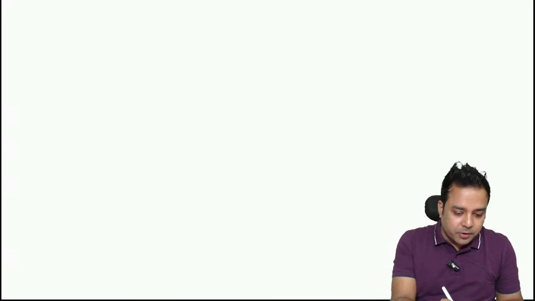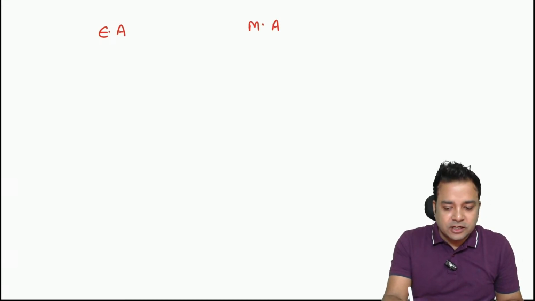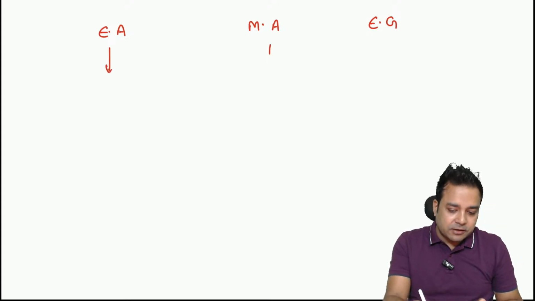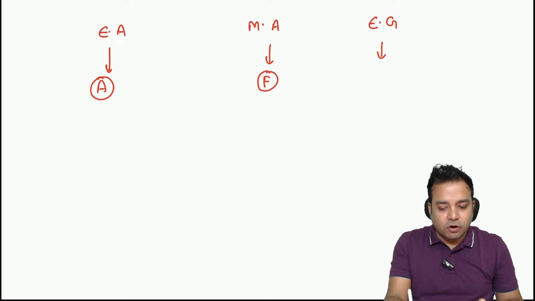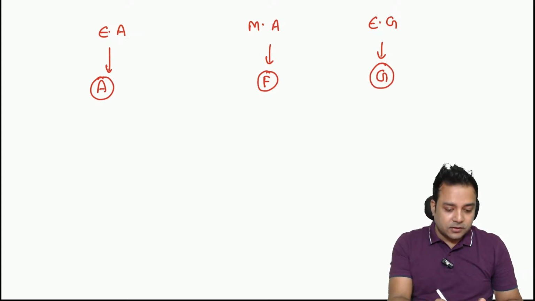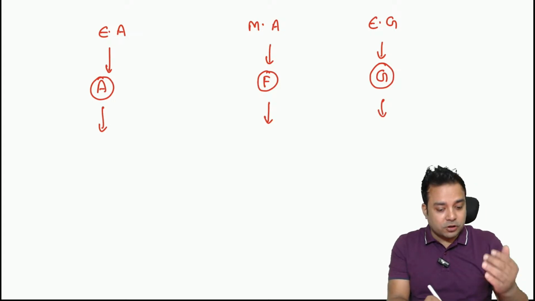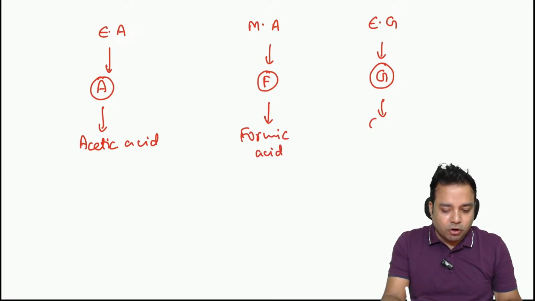Always remember, ethyl alcohol, methyl alcohol, and ethylene glycol are all alcohols metabolized by the same enzymes in different steps to acetaldehyde here, formaldehyde here, glycol aldehyde here. Then aldehyde dehydrogenases come into play in the liver, and what is formed in the first step is acetic acid, in the second step formic acid, and in the third step glycolic acid.